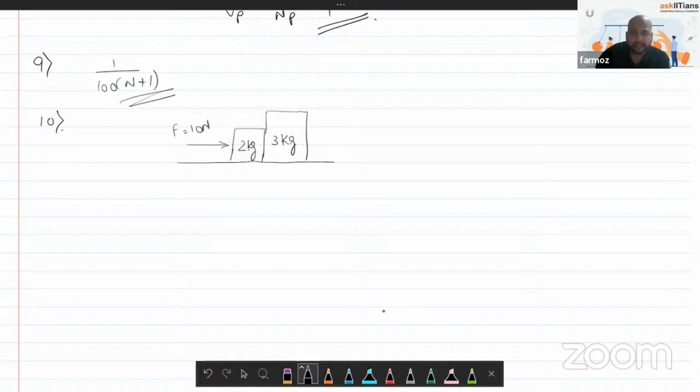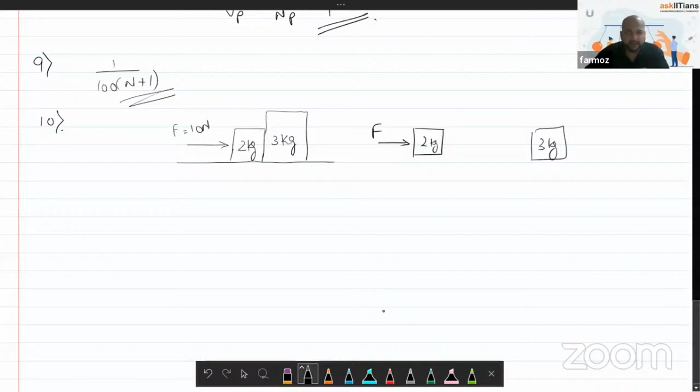Now if you're trying to plot the free body diagram, it will be very simple. This is 2 kg, this is 3 kg, and this is the force applied over here. This will be the normal reaction.